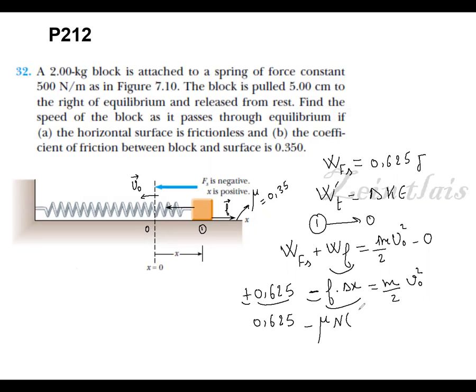As I said, I have to put its value in absolute value. dx equals 0 minus 5 times 10 to the minus 2, because at the final position we have 0.